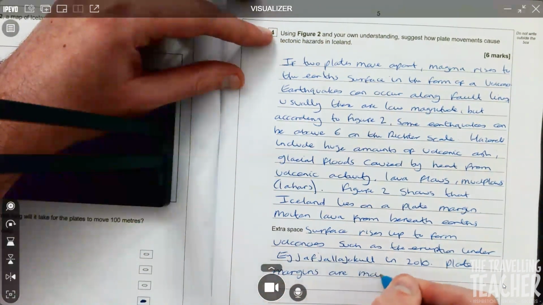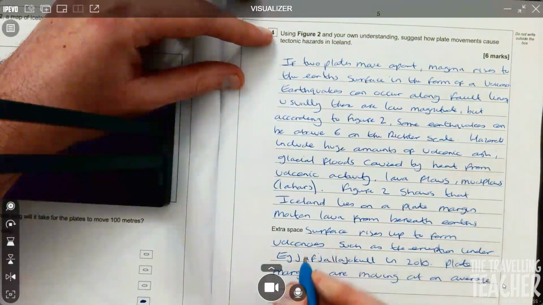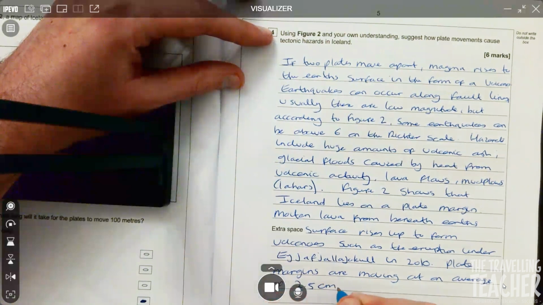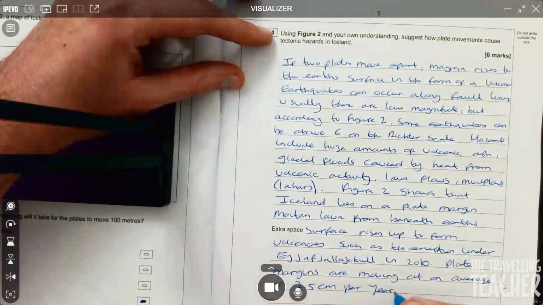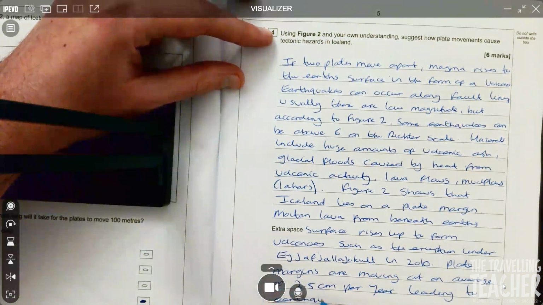Plate margins are moving at an average of 2.5 centimeters per year, leading to earthquakes.